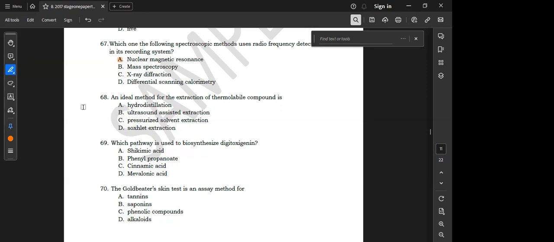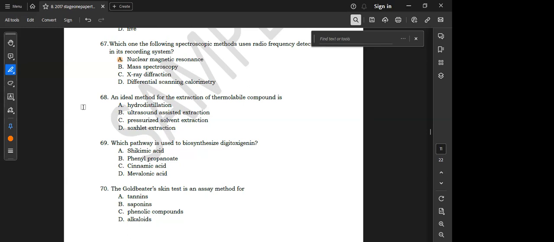For Soxhlet, why would you use it, because it's thermal? Is it heat stable or not heat stable? It's heat sensitive.